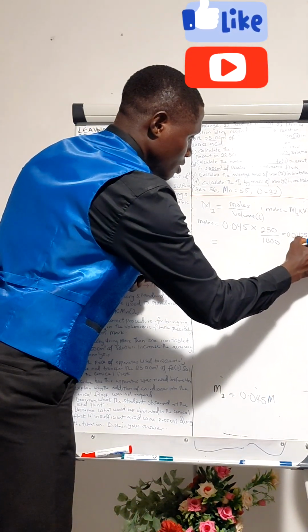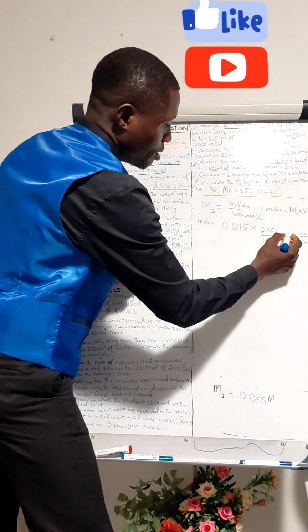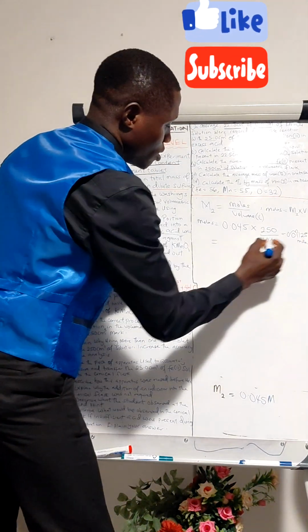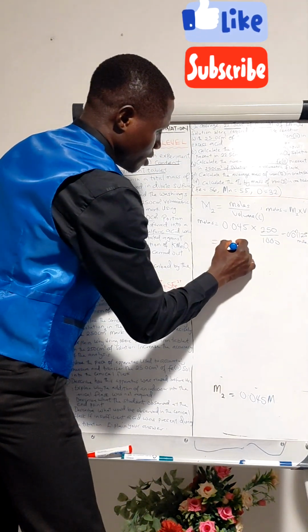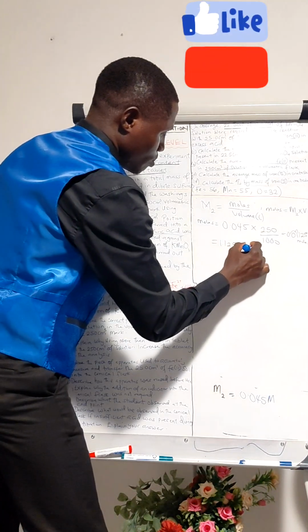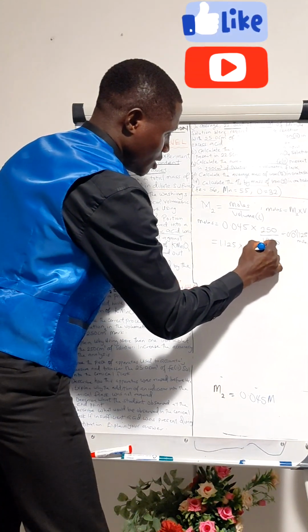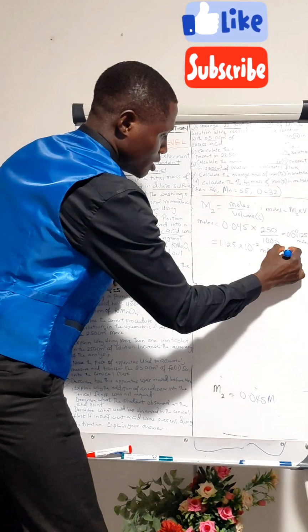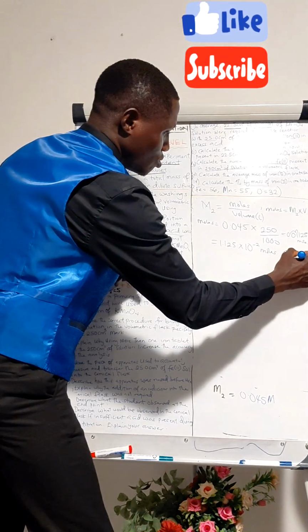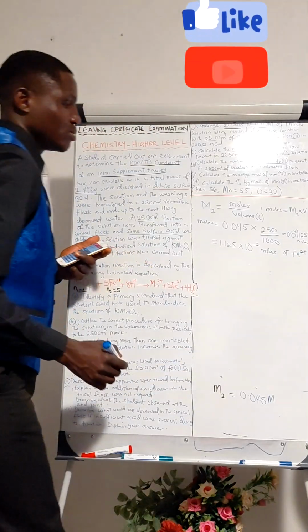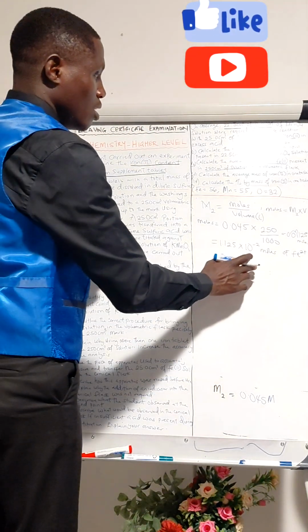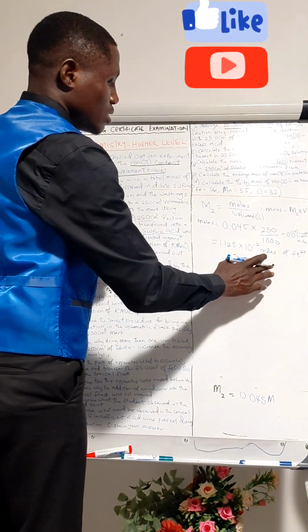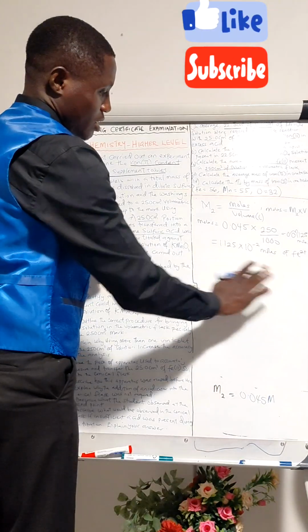Don't forget the unit. Unit is very, very important. In standard form, this is 1.125 times 10 raised to power minus 2 moles. This is the number of moles of iron 2 in the 250 volumetric flask.